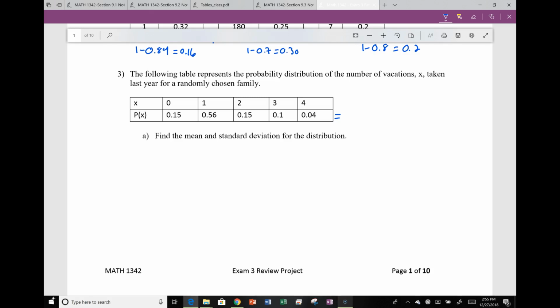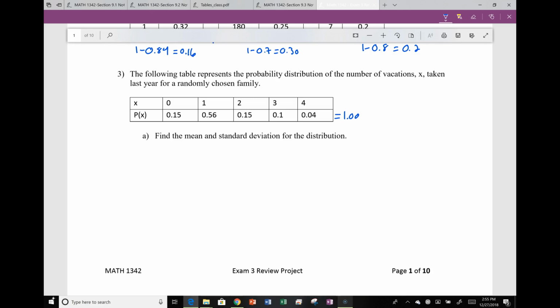Now, just to make sure, check it. Make sure that all of these add up: 0.15 plus 0.56 plus 0.15 plus 0.10 plus 0.04 adds up to 1.0. So our probabilities add up to 1. They're all between 0 and 1. So it does make a probability distribution.